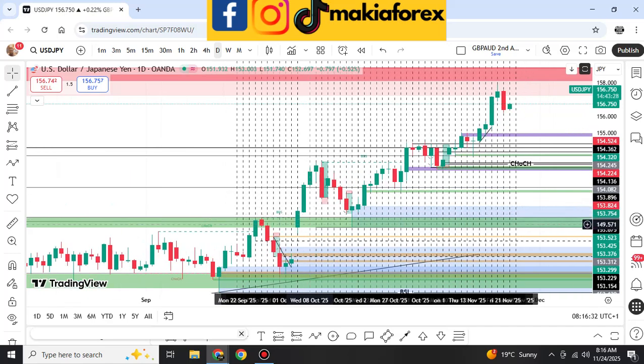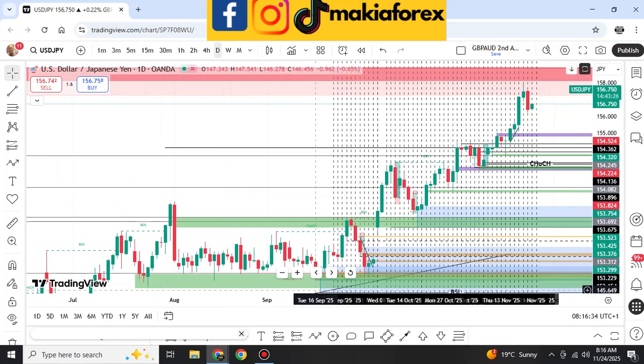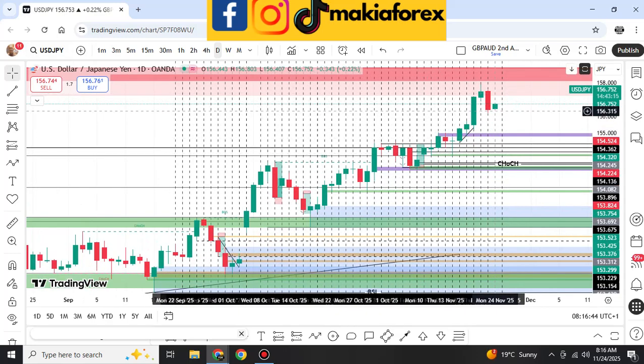You can see that ever since price formed a double bottom, that's the same thing with the DXY. USDJPY has been on a bullish trend too, and even though Friday we had a pullback to the downside, we can clearly see that it's going to continue going back to the upside, because this is Monday and we're already seeing it forming a strong bullish candle. Even though it's not that strong, at least it's forming a bullish candle.